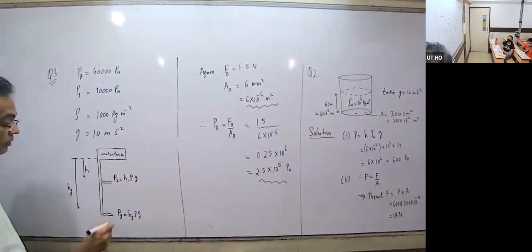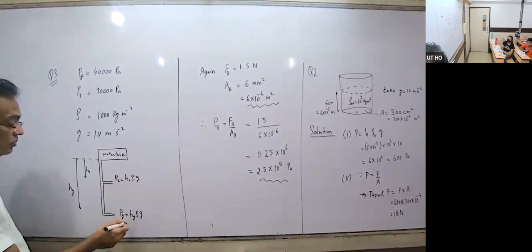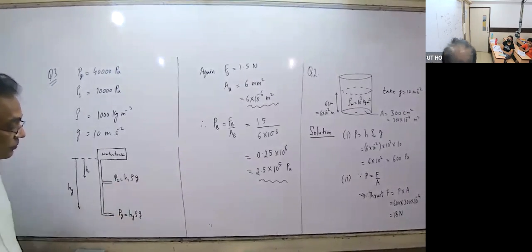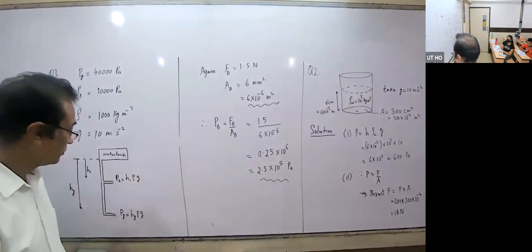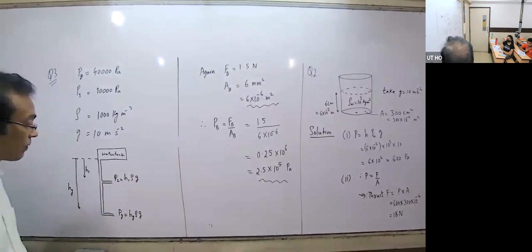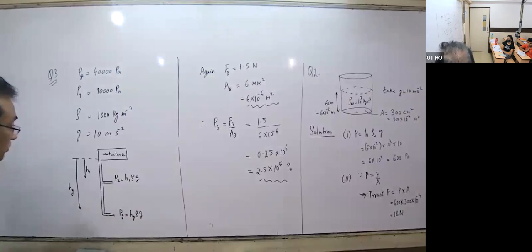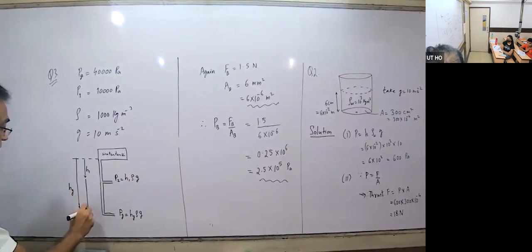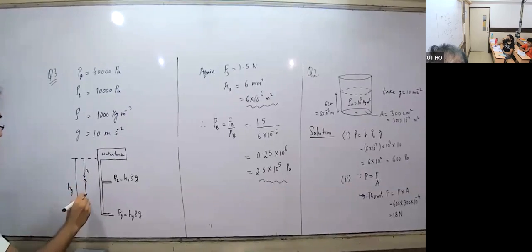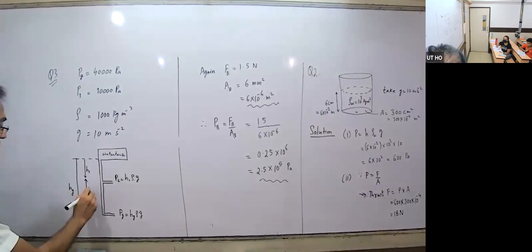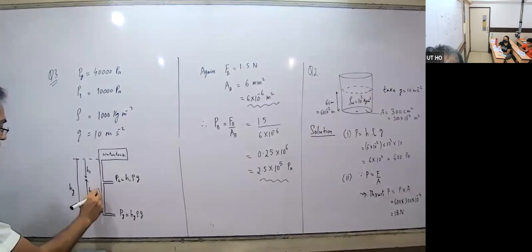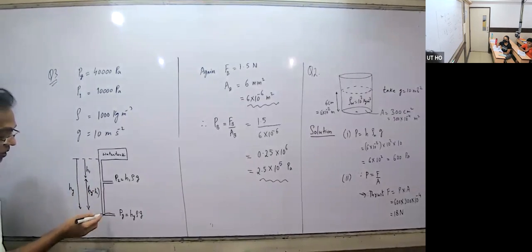So what is the height then? Height is Hg minus H1. What do you have to find? You have to find this height.